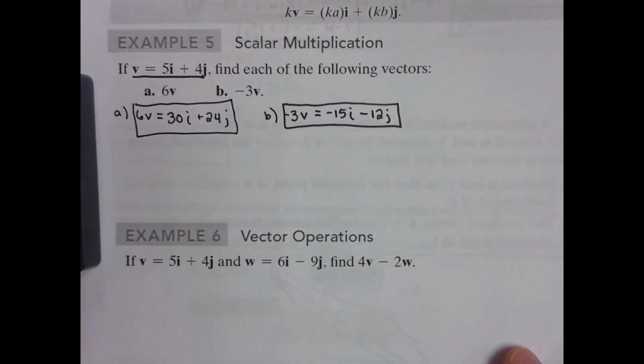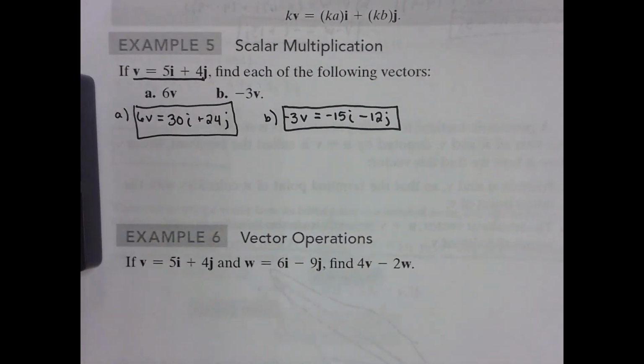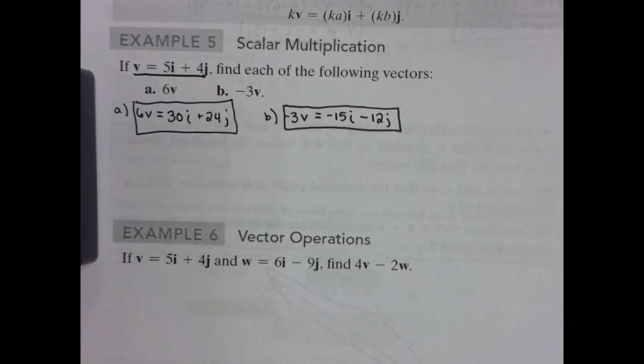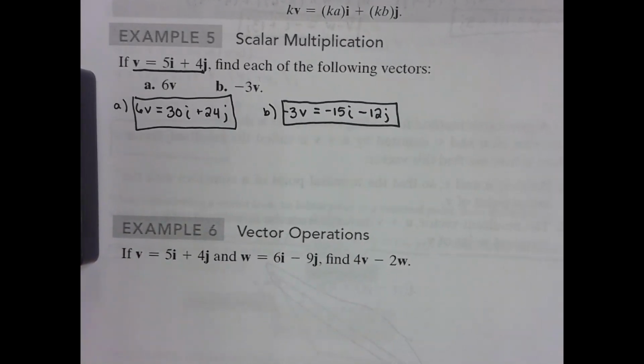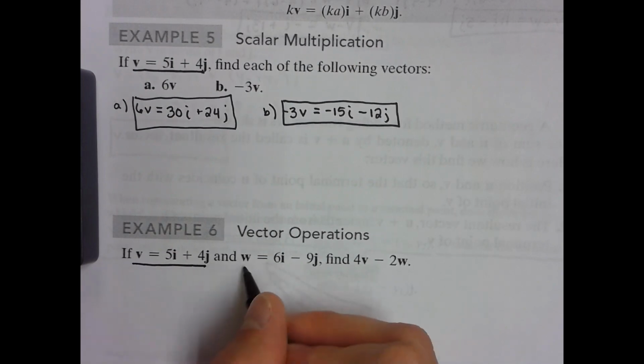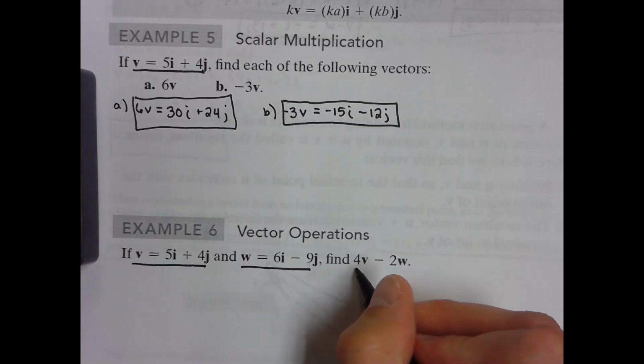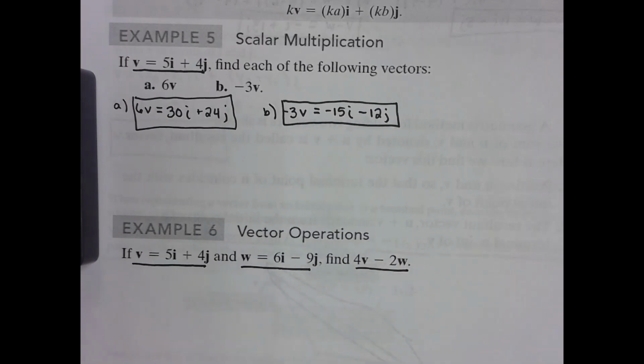All right, and then the last thing is if we have multiple operations with multiple vectors, mainly just a reminder that order of operations matters. If I have a vector v and a vector w, and we want to find 4v minus 2w, we have to do the multiplication first. Order of operations still matters.